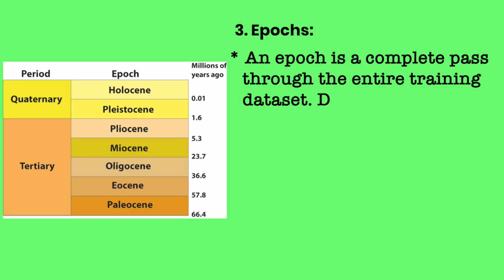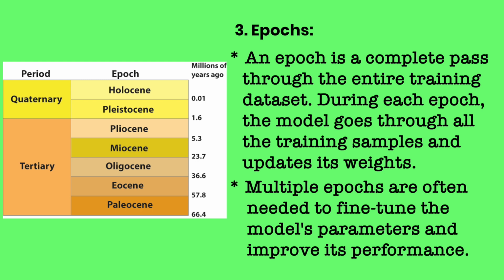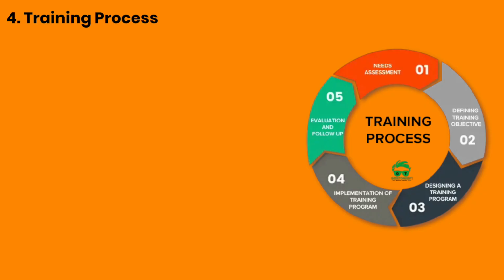Epochs. An epoch is a complete pass through the entire training dataset. During each epoch, the model goes through all the training samples and updates its weights. Multiple epochs are often needed to fine-tune the model's parameters and improve its performance. Training process.